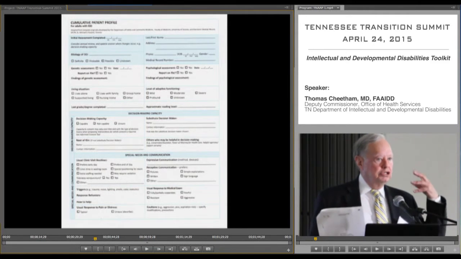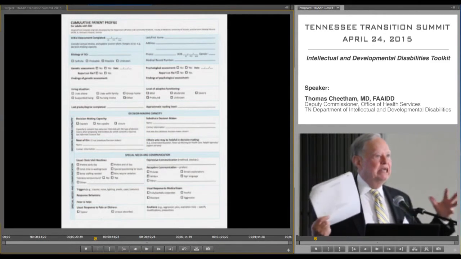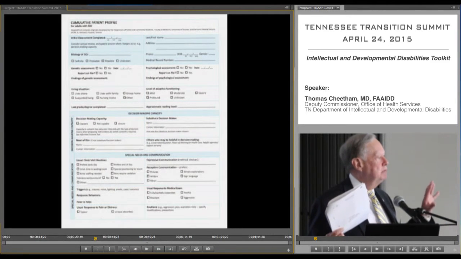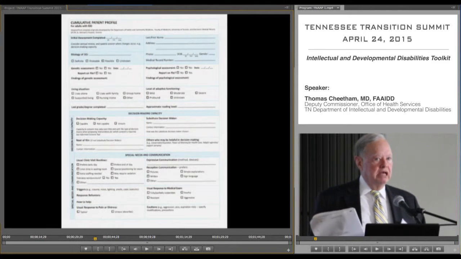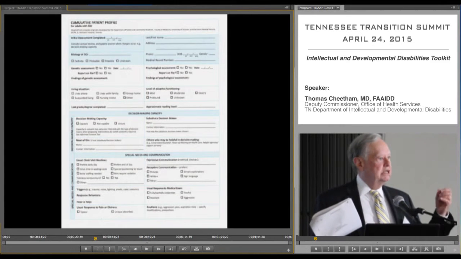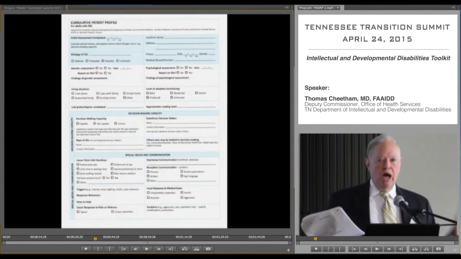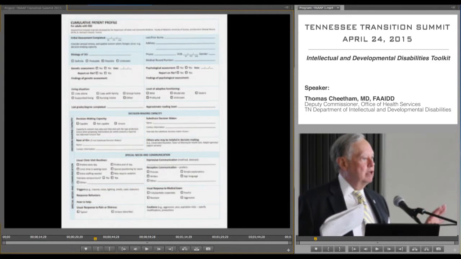But just beginning a differential diagnosis, beginning to think about what things might be relevant here with Down syndrome: heart disease, major depression, thyroid disease, sleep apnea, and on and on. That's before I know why the person's here or anything else.